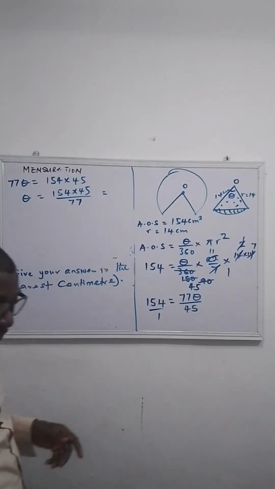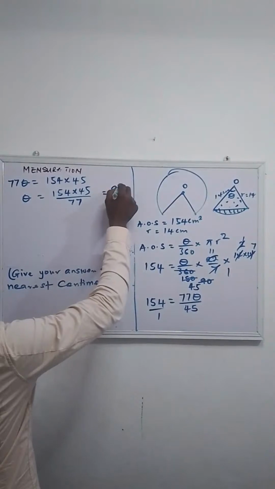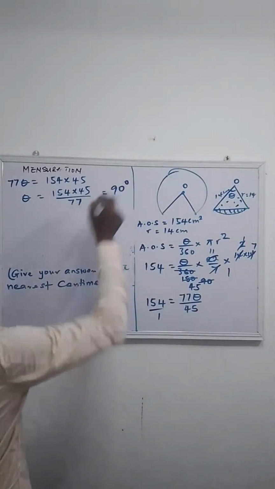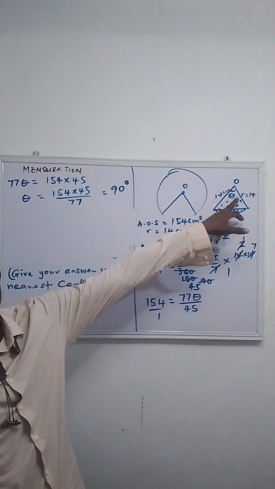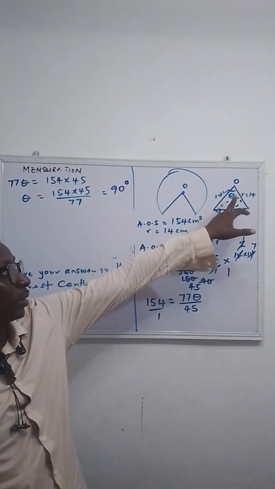So that's going to give you 90. So that's what we have. So you have 90 here. Okay, so that's 90 degrees. Okay, so that's the angle subtended at the center of the circle, or at the center here.